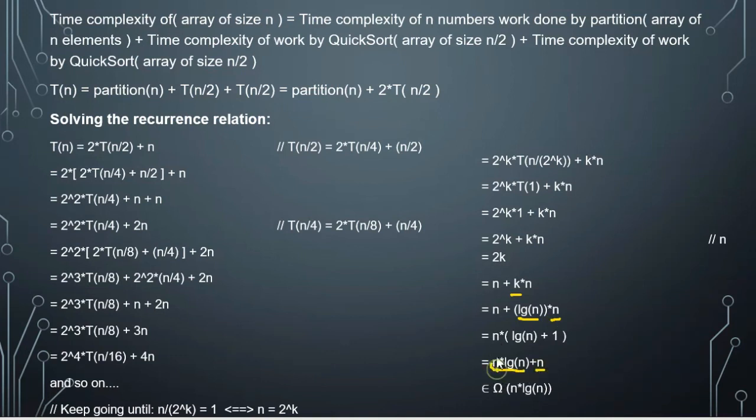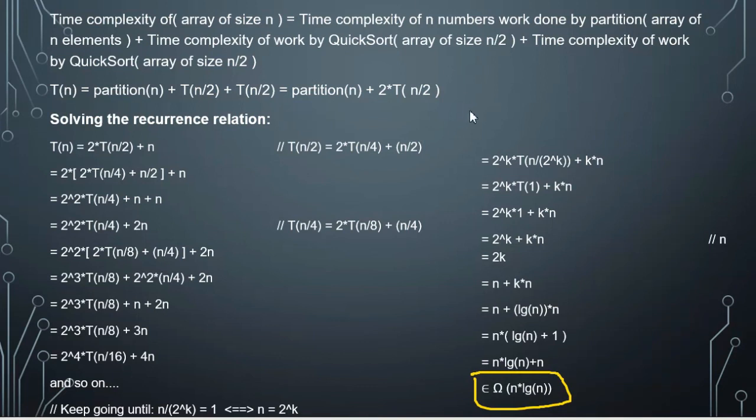The dominant value is n log n, so it is chosen as the time complexity of the best case scenario. According to the mathematical rule, the best case scenario has the time complexity n log n.